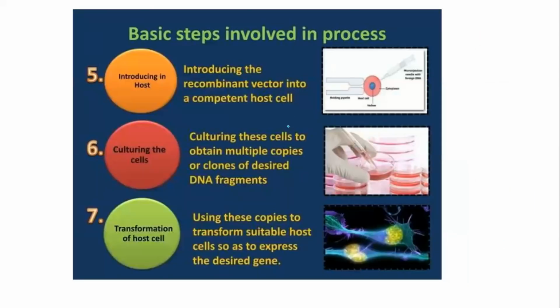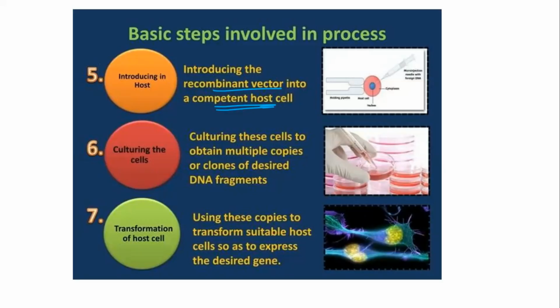next is introducing it into the host. So, introducing the recombinant vector or plasmid into a competent host cell. Competent host cell means one which can survive in any kind of situation, which can accept this new DNA, accept the gene of interest and incorporate it into its own DNA.